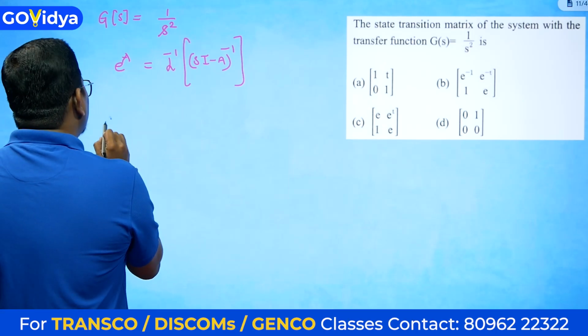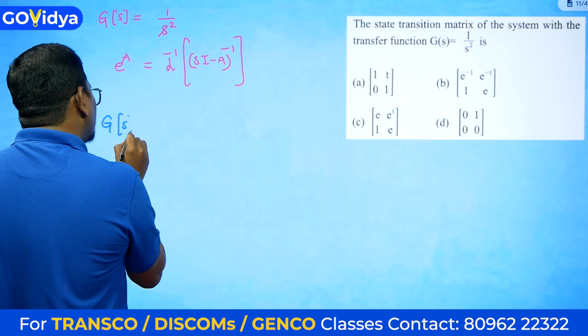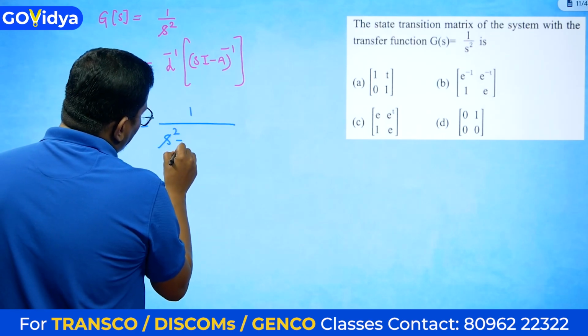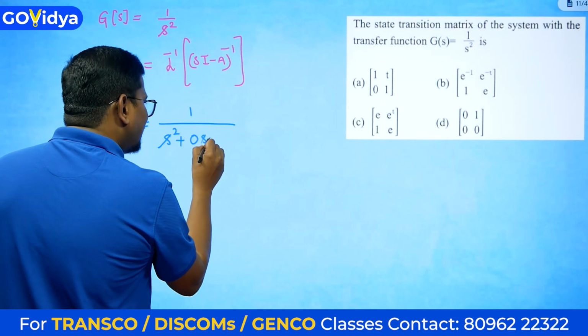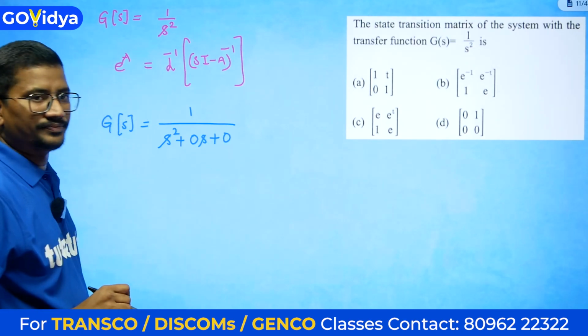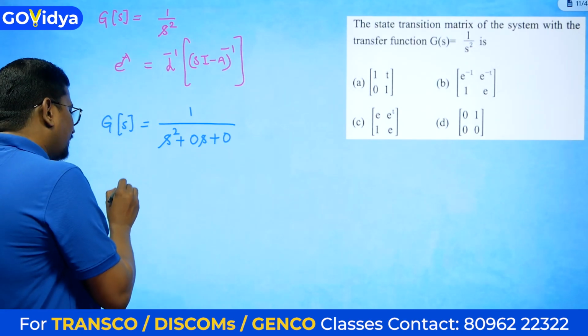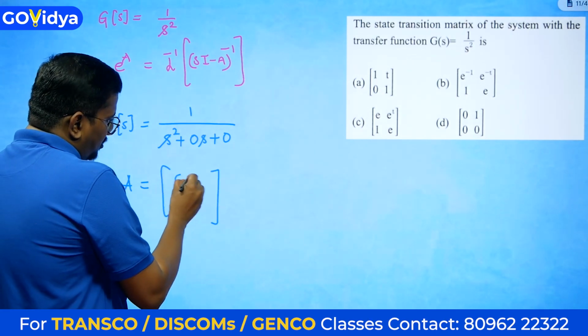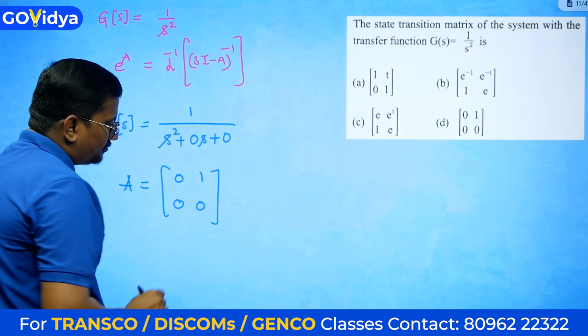Can I write G(s) like this: 1 upon s square plus 0s plus 0? Then can we write the matrix like this: 0, 1, 0, 0?